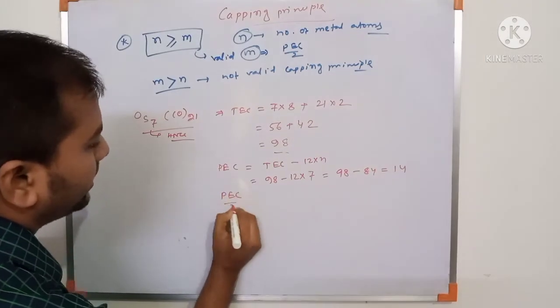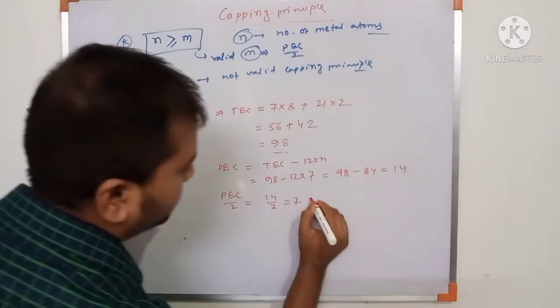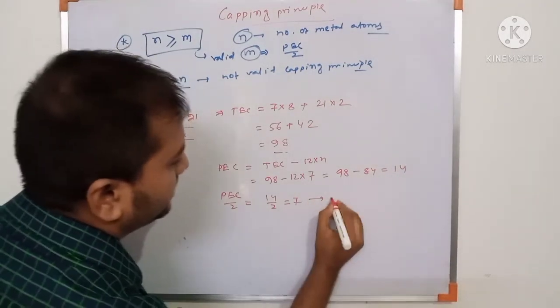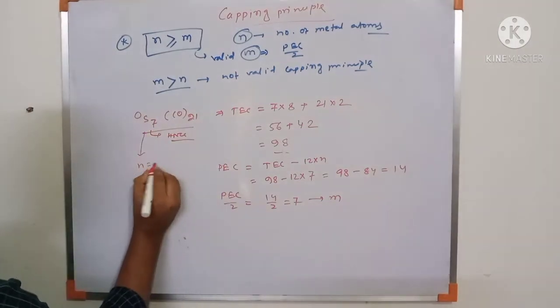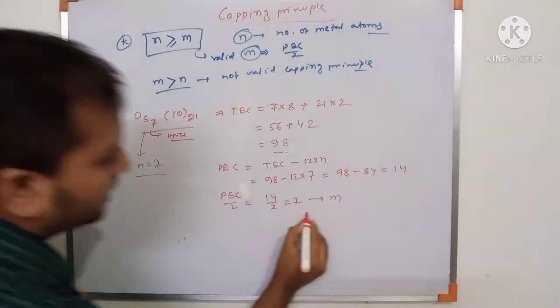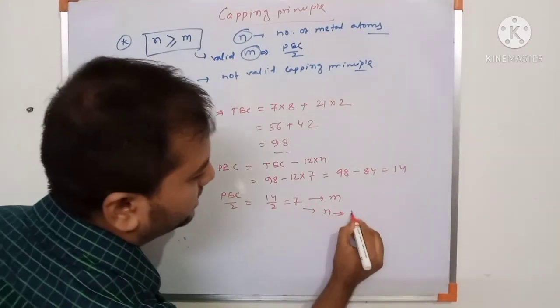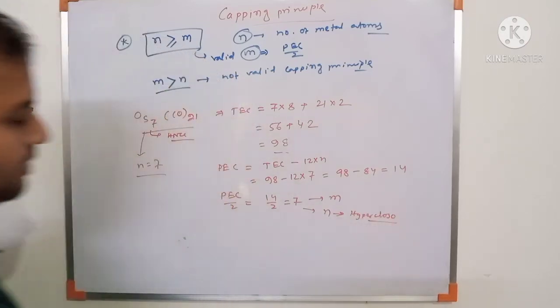Polyhedral electron count by 2 equal to 14 by 2 equal to 7. So 7 is the M value and N equals 7. So M equals N plus 0, or N, and this is hypercloso.